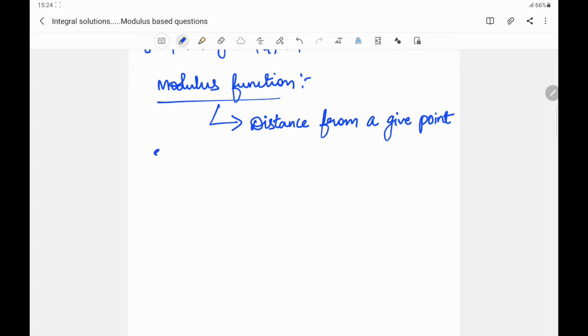So for example, if we take modulus of x is equal to 2, this means from the origin x is lying at a distance of 2, so it can be towards the right side here or else towards the left side here. So what are the values that x can take? Plus or minus 2.